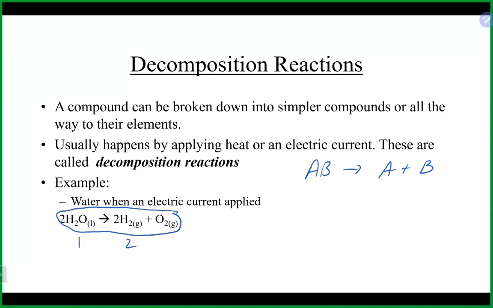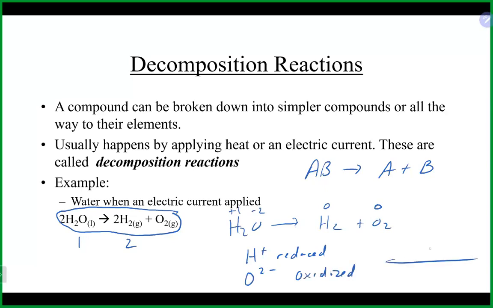This is still also a redox reaction. It's actually the opposite of what we saw when we put it together. In this case, just looking at these guys by themselves, +1, -2, 0, and 0. And going in this direction, it's the hydrogen that is actually being reduced, and it is the oxygen that is actually being oxidized in this case, as it goes from -2 to 0.